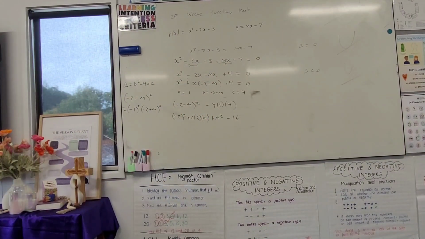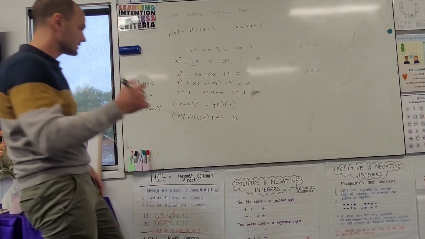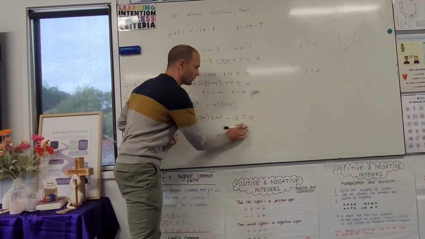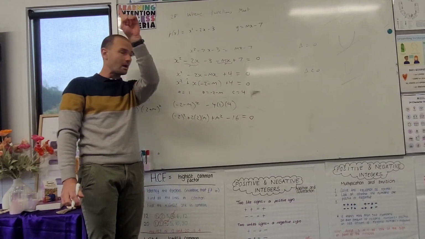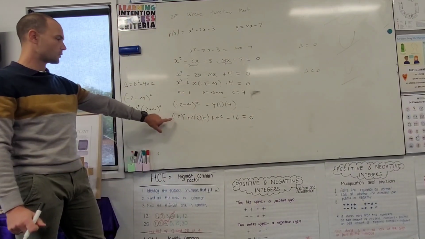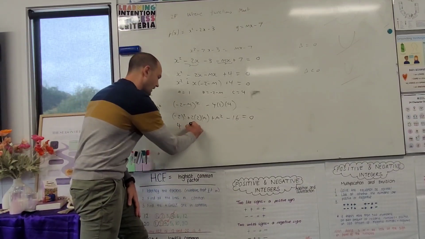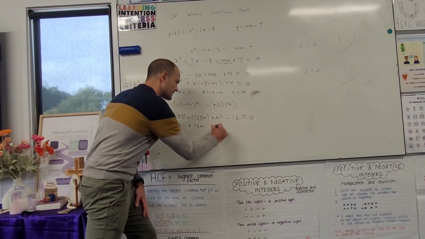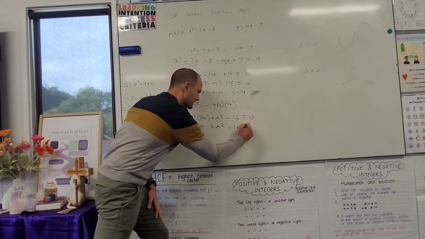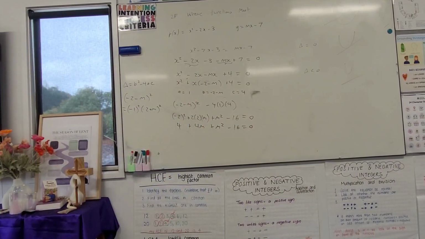That's our discriminant, and we're finding when the discriminant is equal to 0, because when it's equal to 0, we have one solution. So let's process this. We're going to have positive 4 plus 4m plus m squared take 16. All right, we'll start to collect like terms and present this as a quadratic.